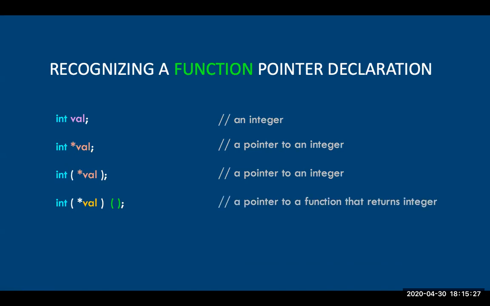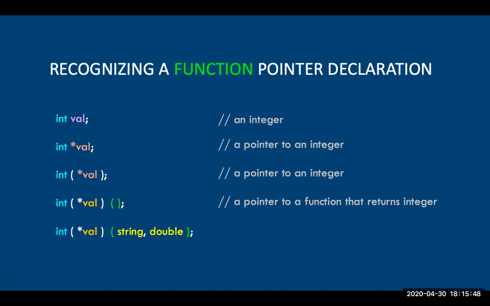So we've declared val to be a variable that holds the address of a function that returns an integer and has no arguments, okay? And there's a slightly different kind of function. Obviously I couldn't have everything called val, and this wouldn't all be in the same line of code or in the same program.